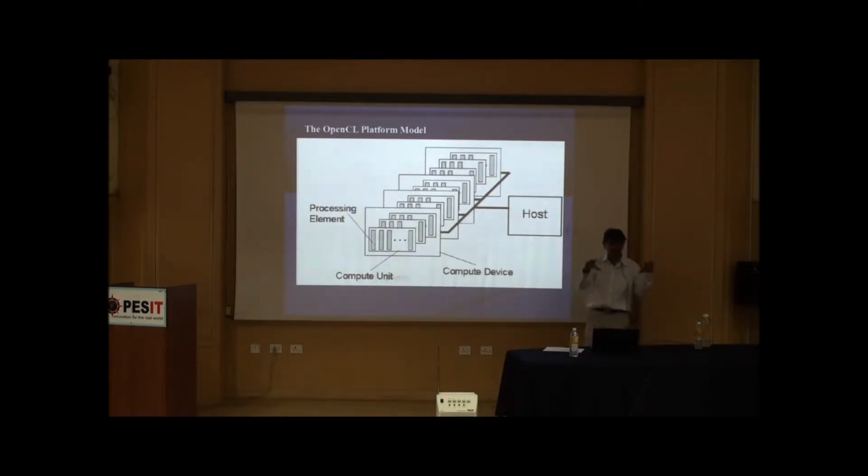So if you have a NUMA in place, assume there are 4 processors aligned in a NUMA format, each with its own local memory. For OpenCL, the 4 processors become compute devices 1, 2, 3 and 4.